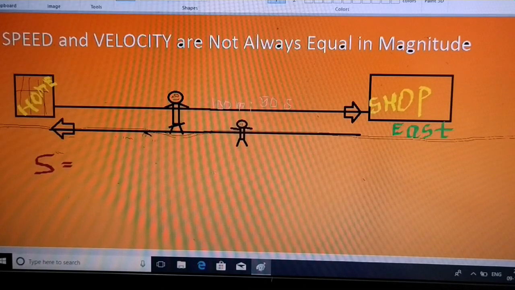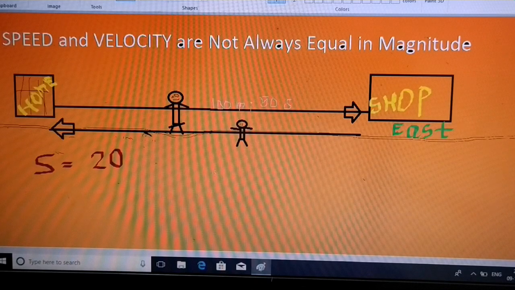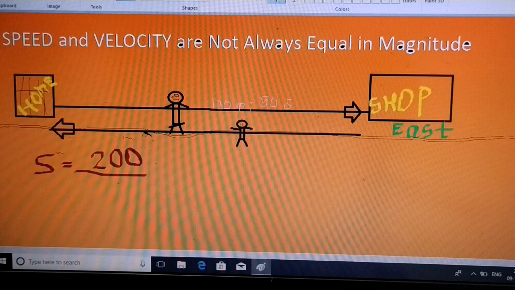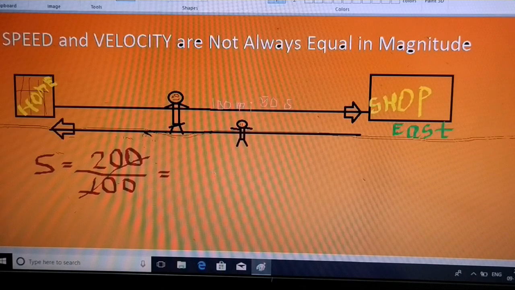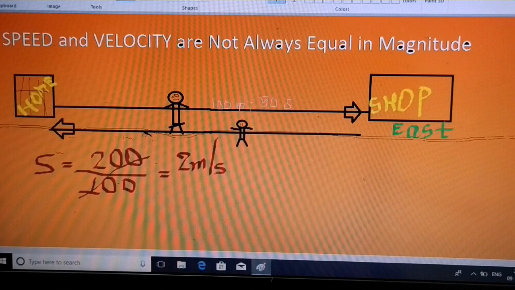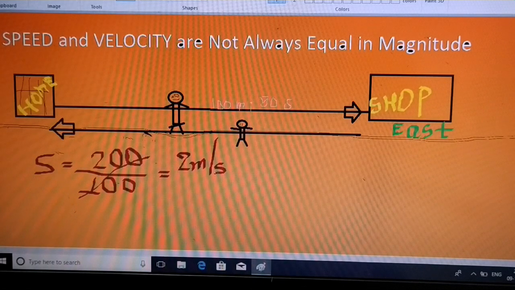Thus, speed of boy is equal to distance traveled by time taken, so 200 meter divided by 100 second is equal to 2 meter per second. Speed of boy in this case is 2 meter per second, same as the first case.